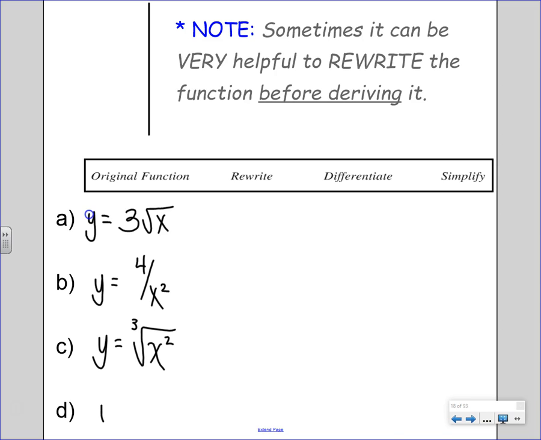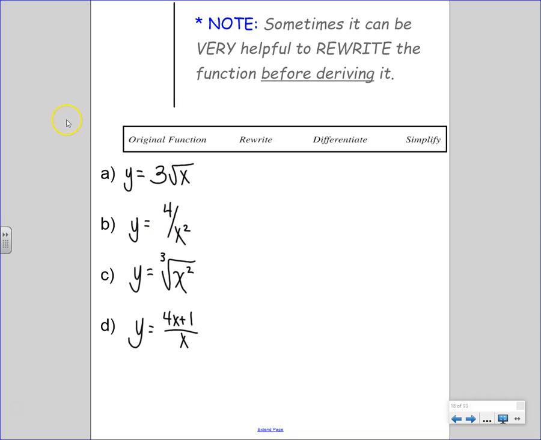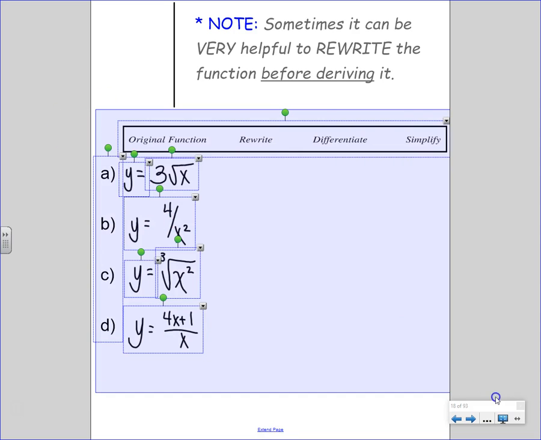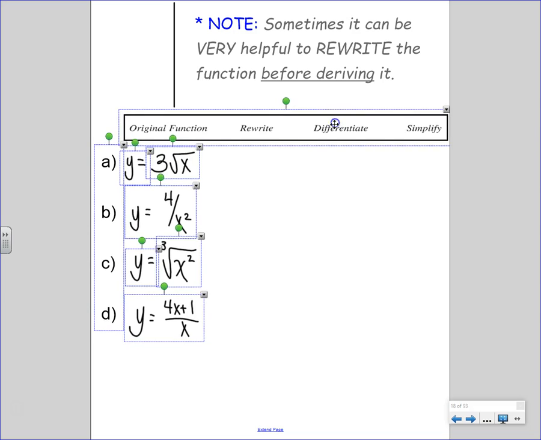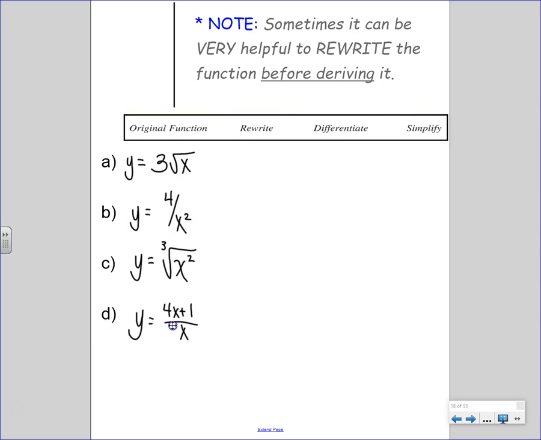Or what if you're supposed to derive 4x plus 1 all over x? Are those quite as basic as the ones we were just doing? No. Not so much. But what do you notice in this little table, just trying to help you think through how to take a derivative of some of these nastier ones?